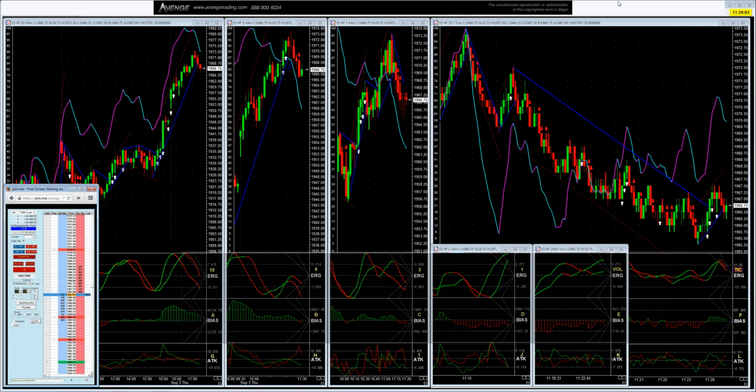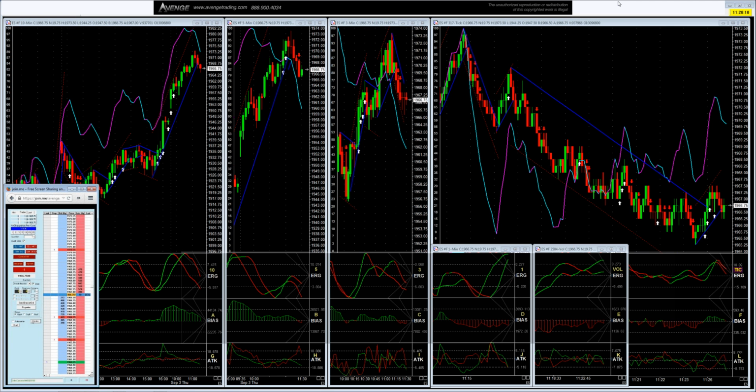See the ones beginning to turn. D bias in red, E bias in red. Let's see if that F can move down as well. And the volumes and ones turn.